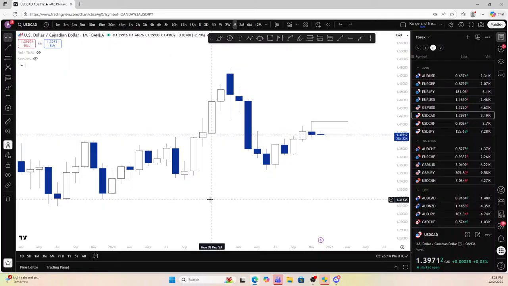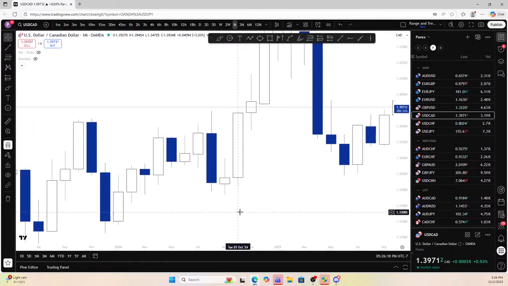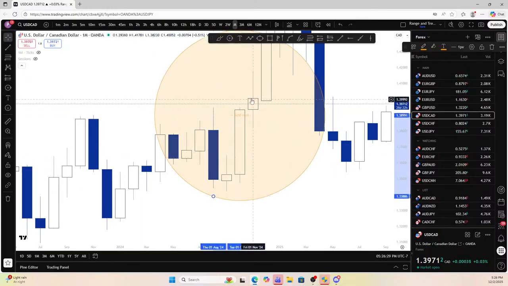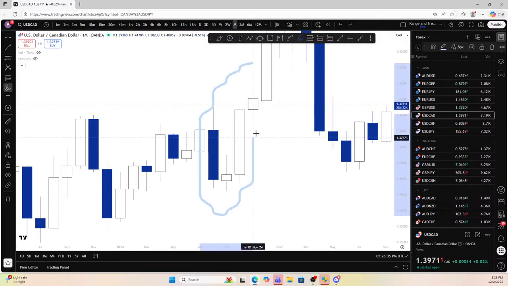What we need in order to confirm a POI is what's called a fair value gap. So you need at least 3 candles for a POI creation. So let's just select these 3 here.